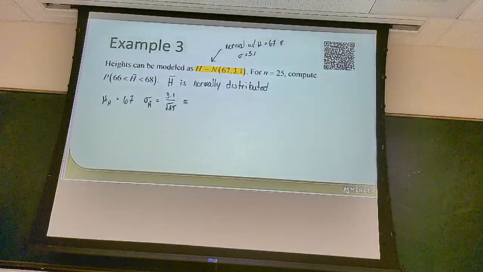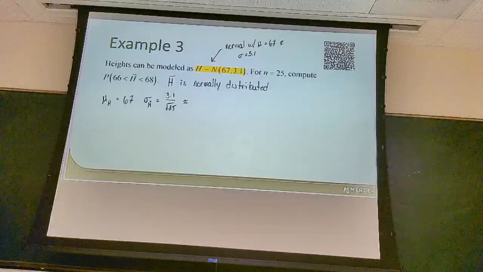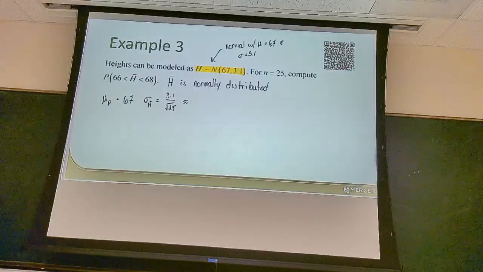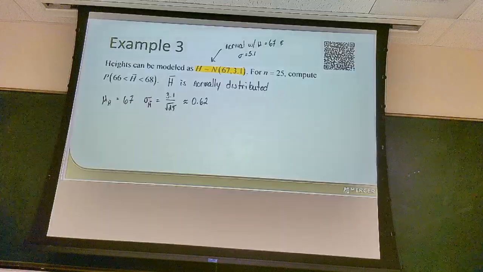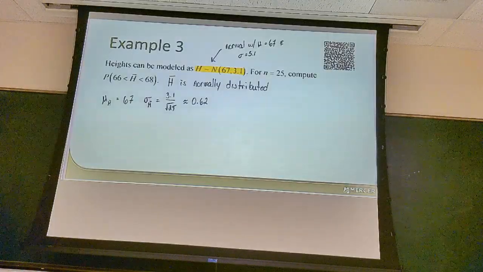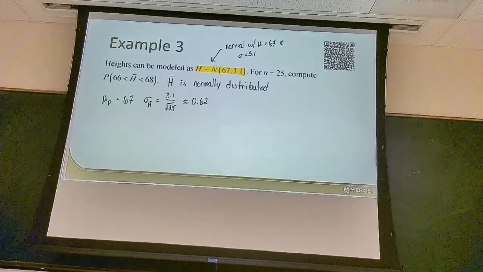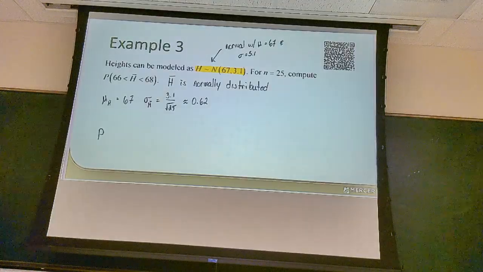So let's take, oh, that's nice. 0.62. We want this probability.